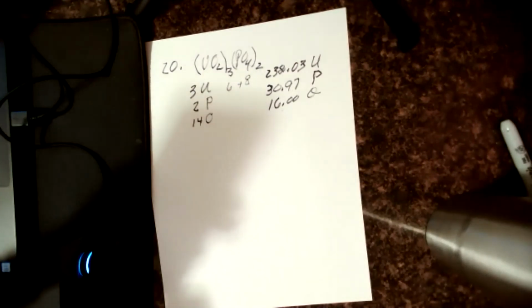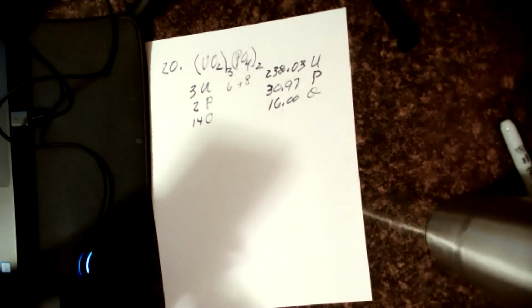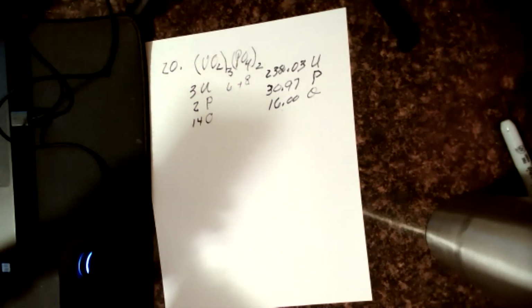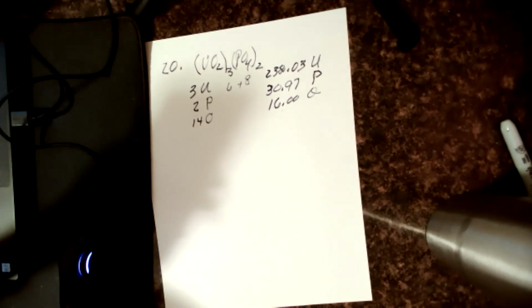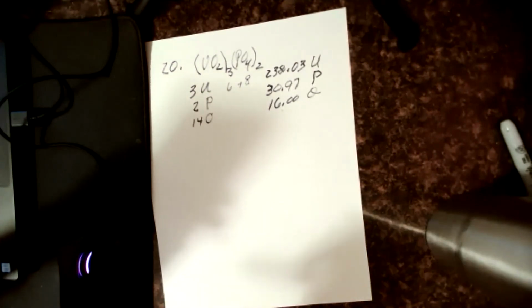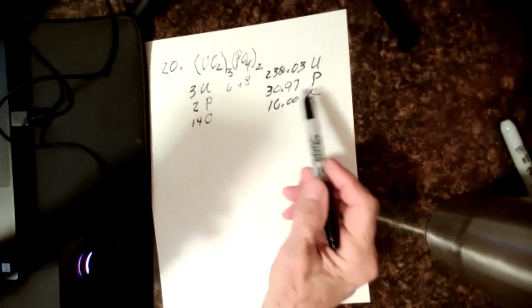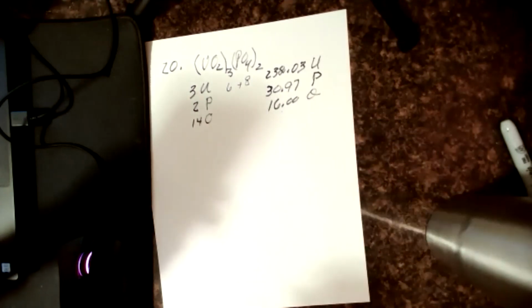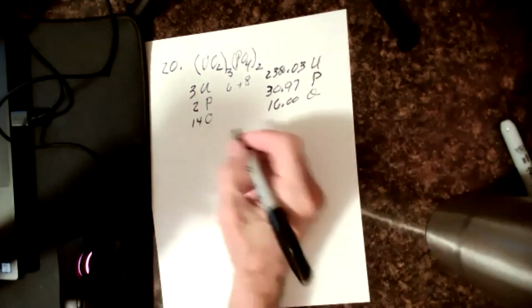So it's 3 times 238.03, plus 2 times 30.97, plus 14 times 16. Yes, that should be it. Oh, look at that number.